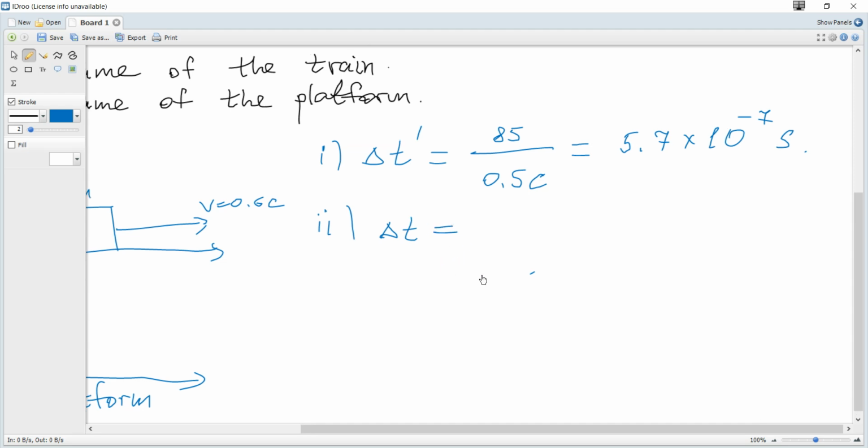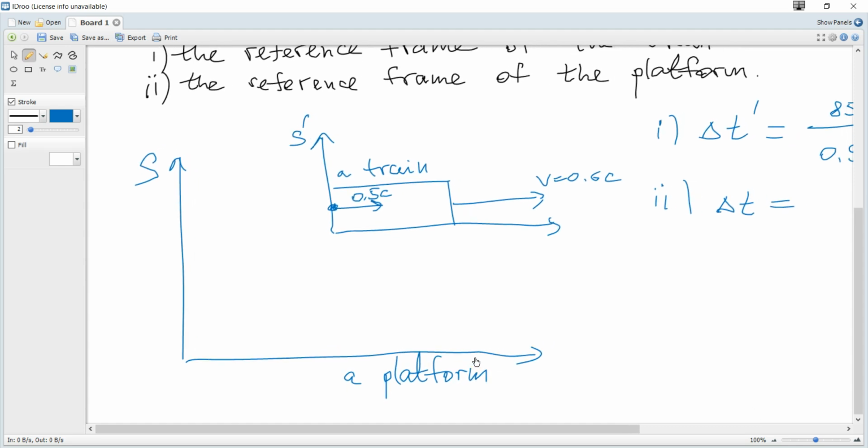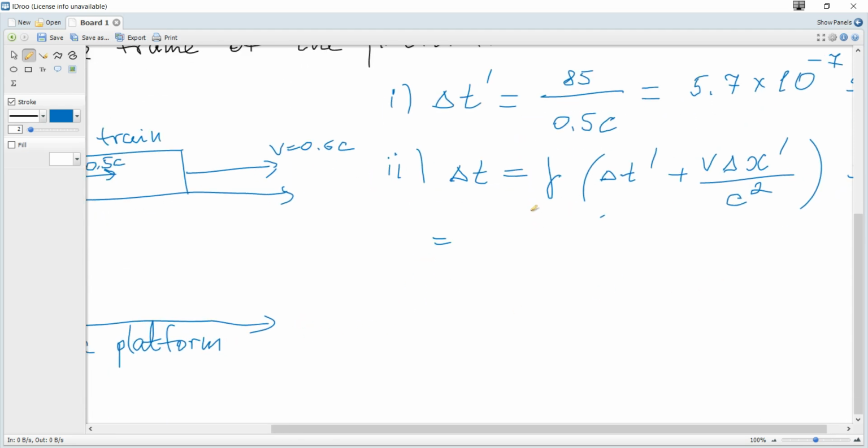Delta t is not primed, because it's relative to a platform in the not primed reference frame, and the formula says it's gamma times delta t primed plus v delta x primed over c squared. Gamma should be calculated for v, which is 0.6 c, and it's 1.25, and gamma is 1 over root of 1 minus v squared over c squared.